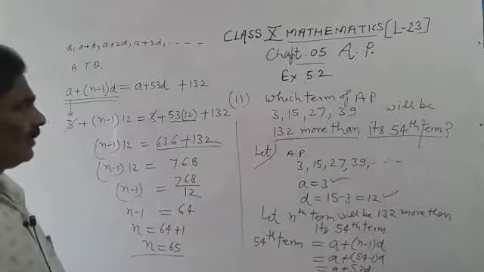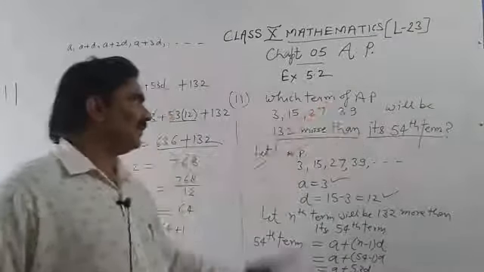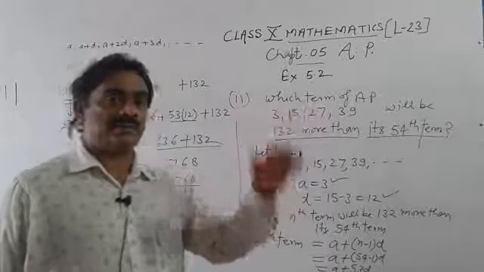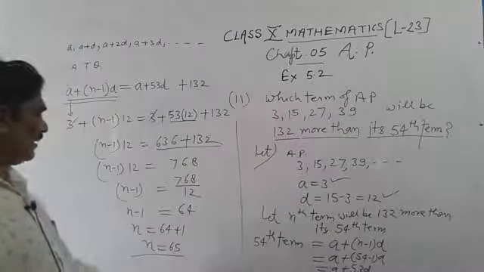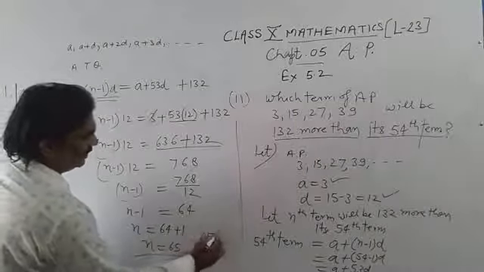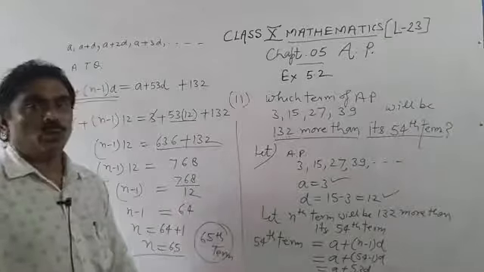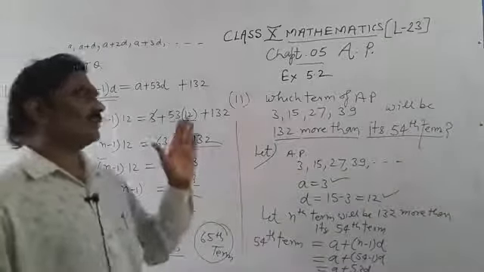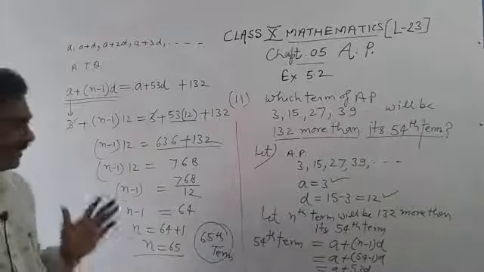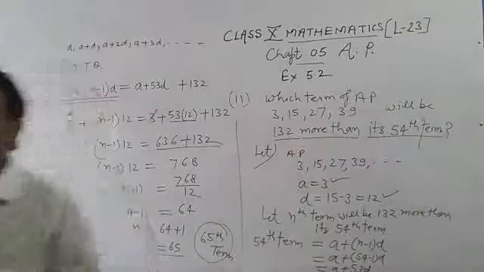The question asked which term of the AP will be 132 more than its 54th term. The answer is clear: the 65th term is 132 more than its 54th term. So our answer is n equal to 65. Write it down, students.